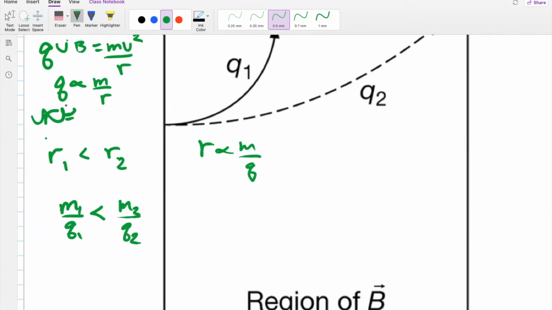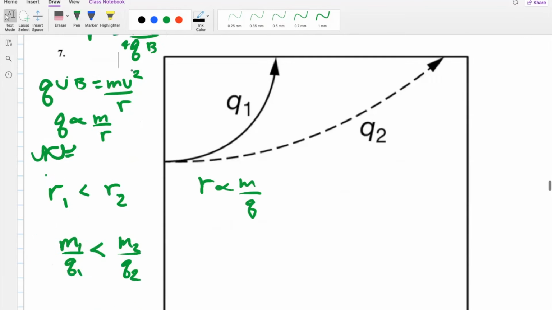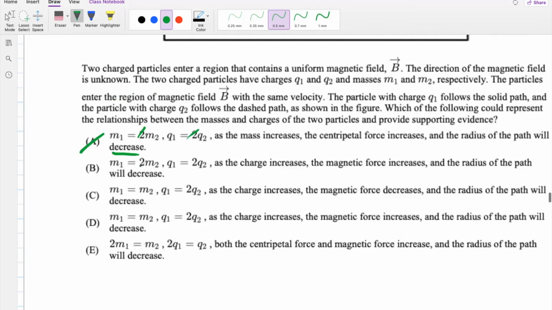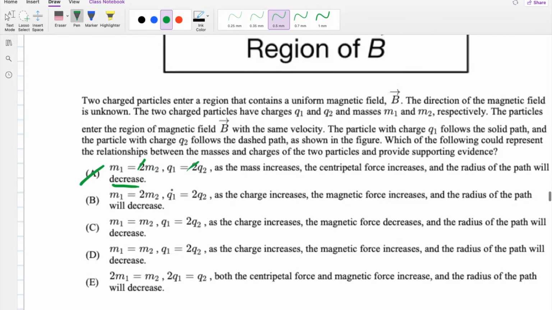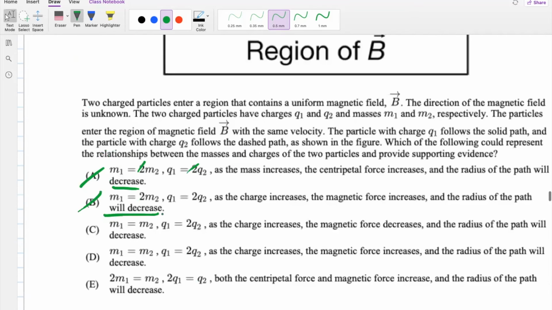If we had solved this equation for r, r equals mv over q. So if this goes up by 2 and that goes up by 2, the fraction doesn't change. Mass 1 equals twice m2, q1 equals twice q2, and they say again the radius will decrease. Again, that cannot happen. The radius is increasing for q2.